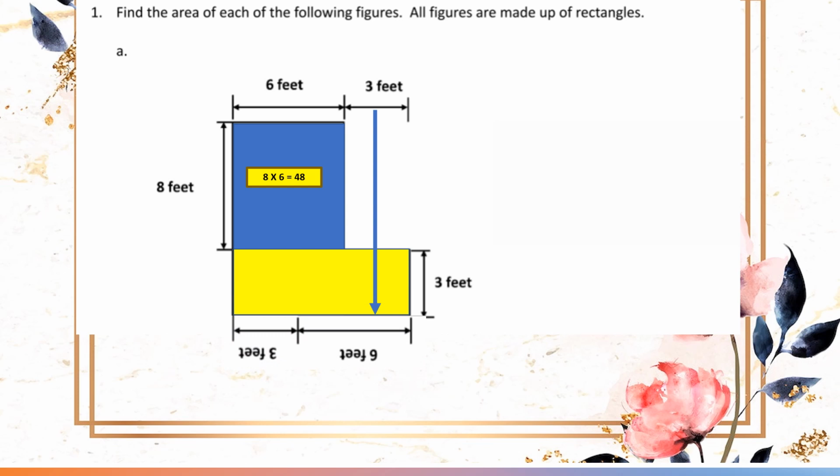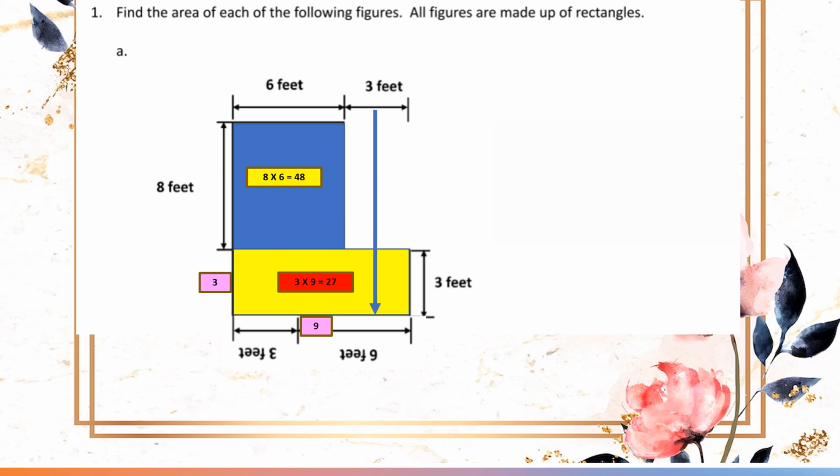Well, what's 6 plus 3? If you said 9, you're absolutely correct. So that means that the measurement for this rectangle at the bottom is a 3 by 9, or we use the equation 3 times 9. And what's 3 times 9? That's right. If you said 27, you're absolutely correct.